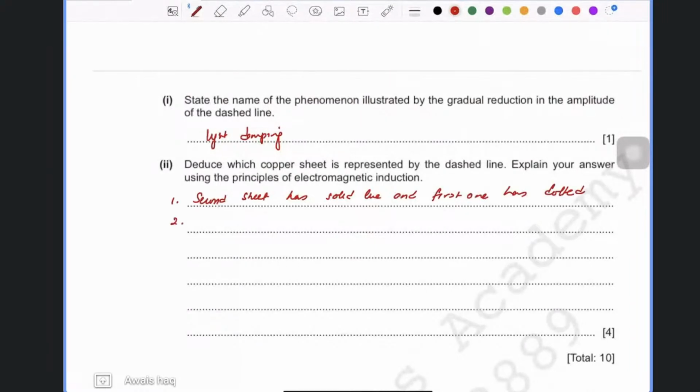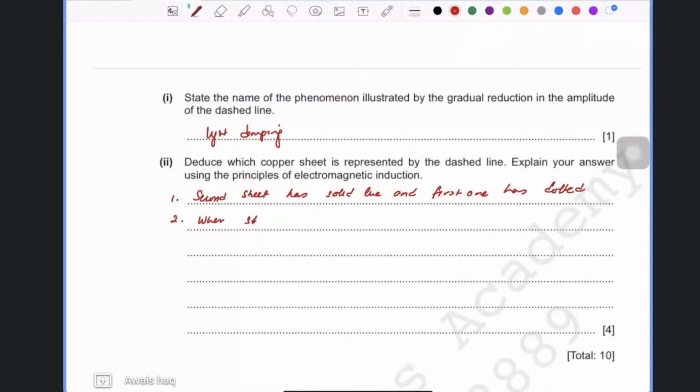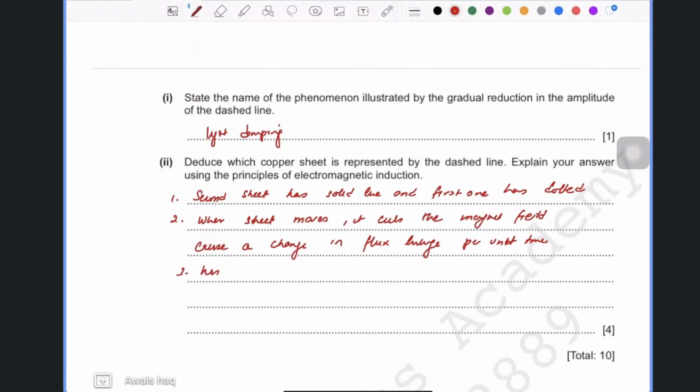The second mark I'm going to write is that when the sheet moves, it cuts the magnetic field, causing a change in flux linkage per unit time. Hence, the current is induced.